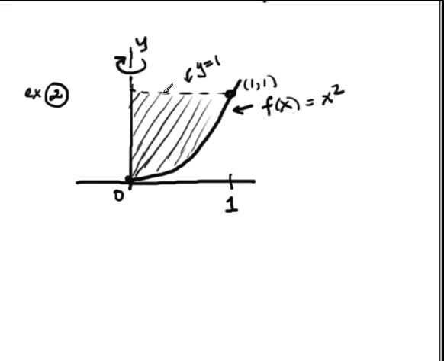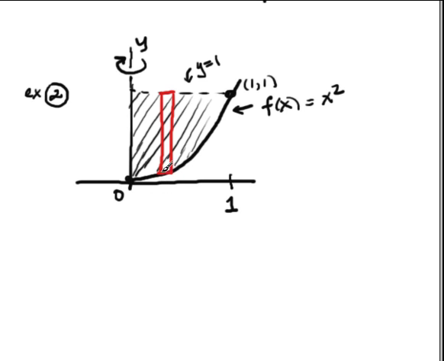Again, we look at a representative rectangle that is going to be spun around. That always helps us in visualization and in figuring out which formula to use. Now the top of this rectangle is the line y equals 1. The bottom of this rectangle hits the curve f of x equals x squared.